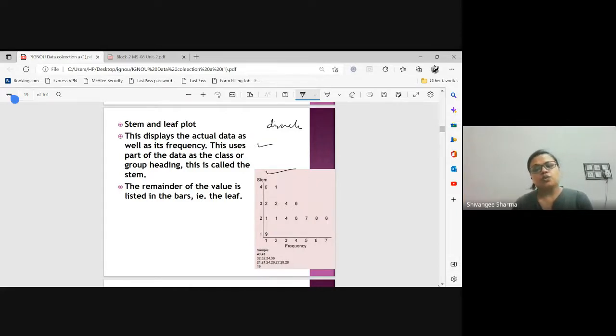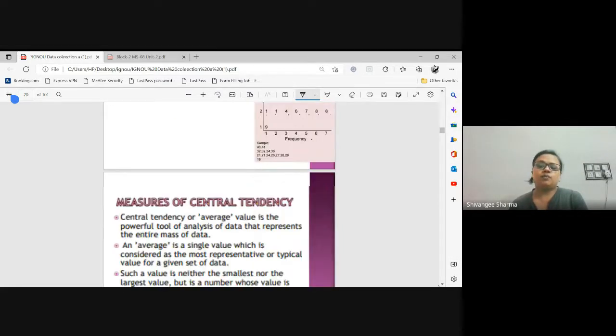On the y-axis we take frequency, and on the x-axis the value which we are going to determine, and in the final graph we display the frequencies of particular data for that particular item. So this is what a stem and leaf plot is.